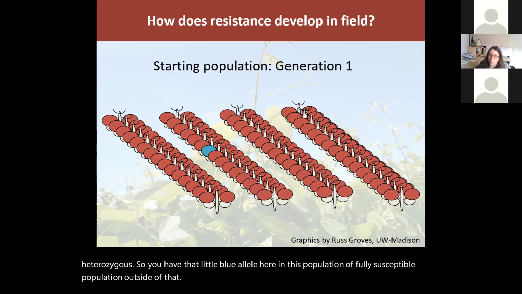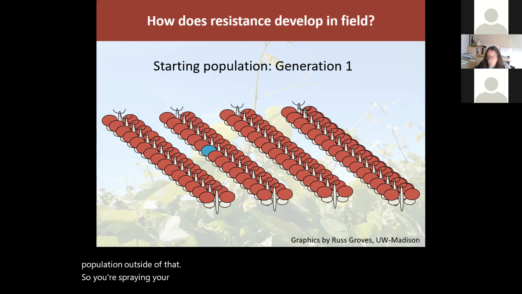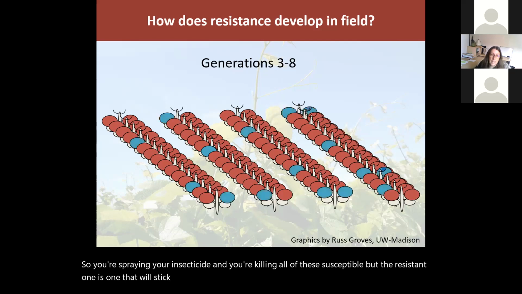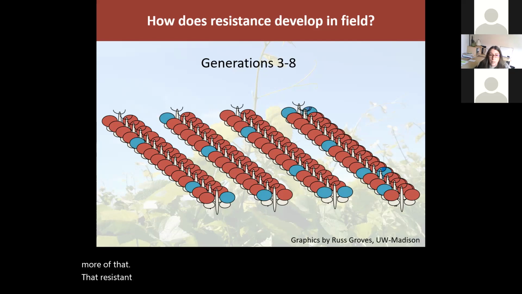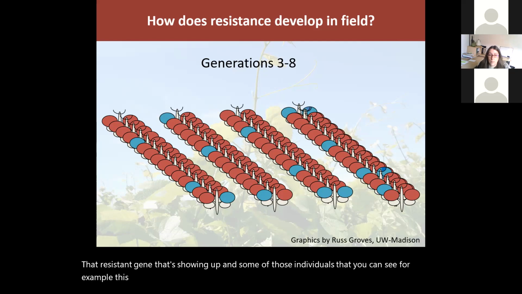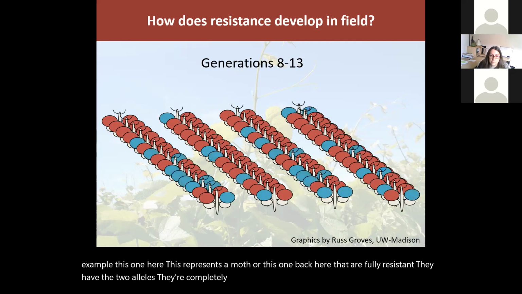So you're spraying your insecticide and you're killing all of the susceptible, but the resistant one is one that will stick around, reproduce, and then in the next generation, you have a little bit more of that resistant gene that's showing up. And some of those individuals that you can see, for example, this one here, this represents a moth, or this one back here, that are fully resistant. They have the two alleles, they're completely resistant to this strategy.